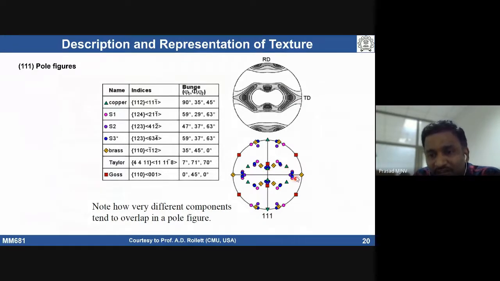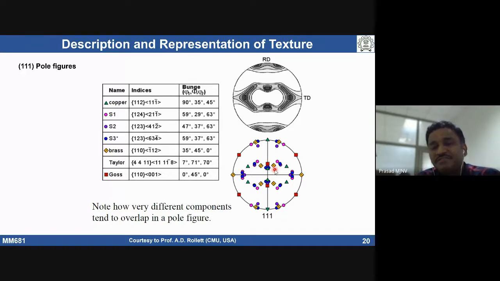Other components are also contributing to these high intensity regions. Here, for example, there's not only the copper component, we also have the brass component, and also the Goss component. Many things are contributing here.